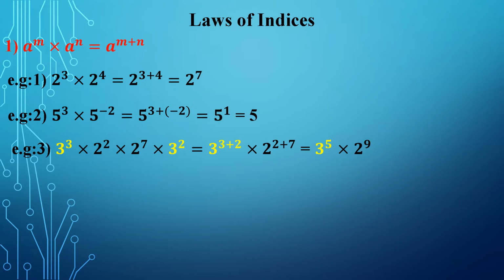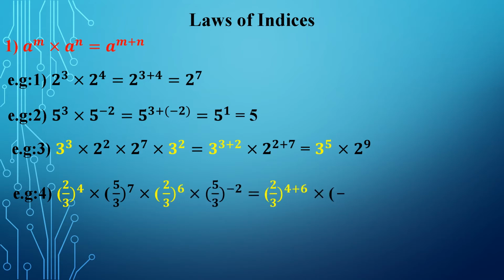Similarly, 2 raised to 2 into 2 raised to 7 has the common base 2, which will give us 2 raised to 2 plus 7. Hence, the final answer will be 3 raised to 5 into 2 raised to 9. So, in such type of sums, we will group the common bases and then add the power.